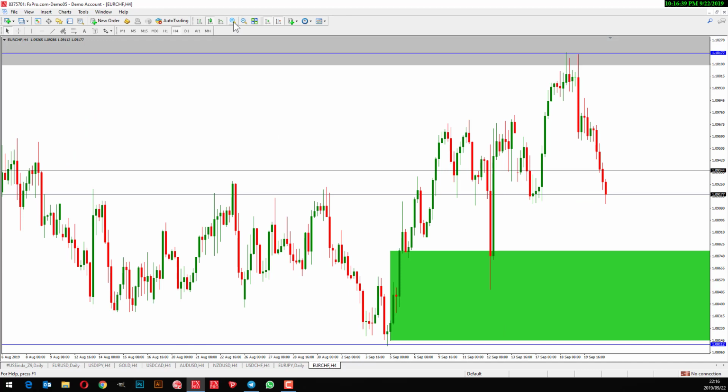So the trades that we are going to be looking at on EURCHF, they are long trades, and we're going to be looking at those from 1.0850 price zone. Anywhere in the green area, anywhere in that range is an area which is going to offer better long trades. So I wish you good luck and happy trading week.